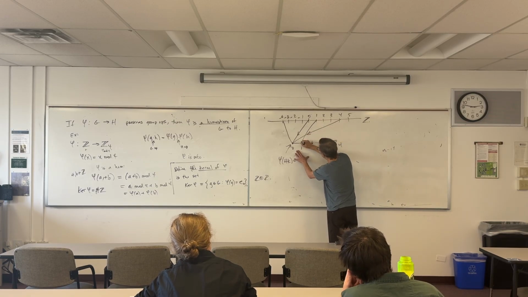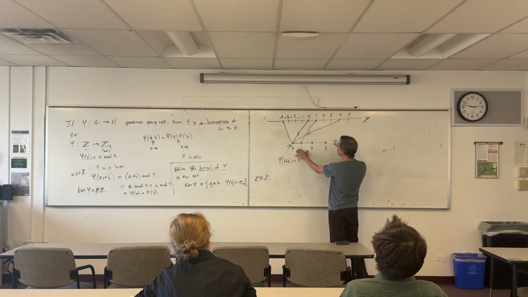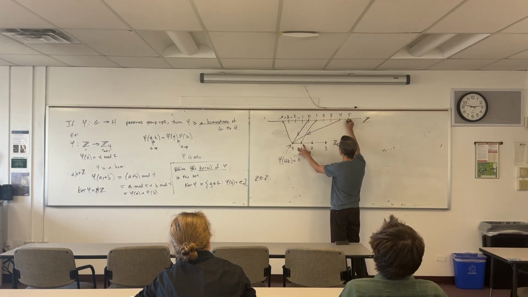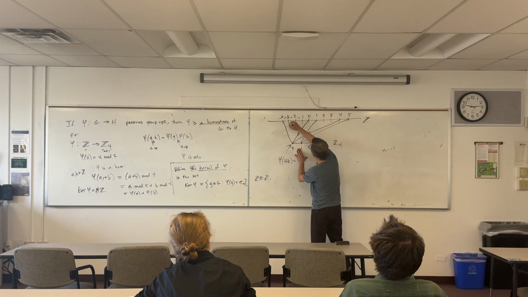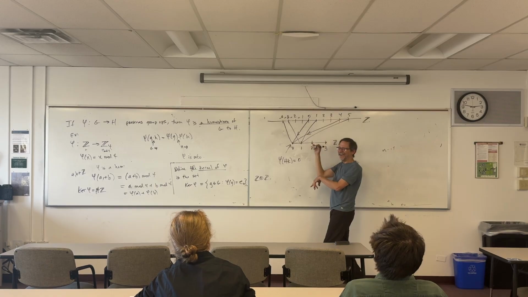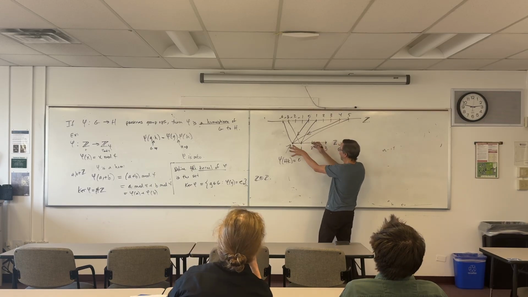For example, 1 is going to get sent there. What else gets sent to 1? 5. 5, and then negative 3 would. -3, yeah, that was always kind of weird, right? It's a little weird. -3, and then all that stuff.